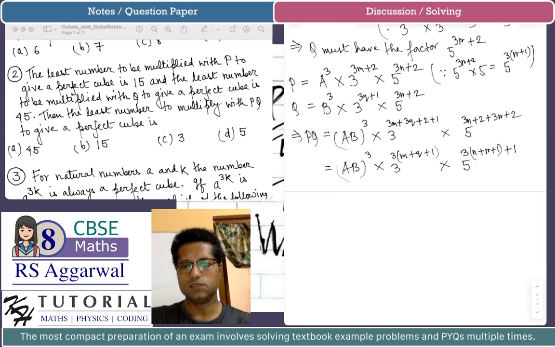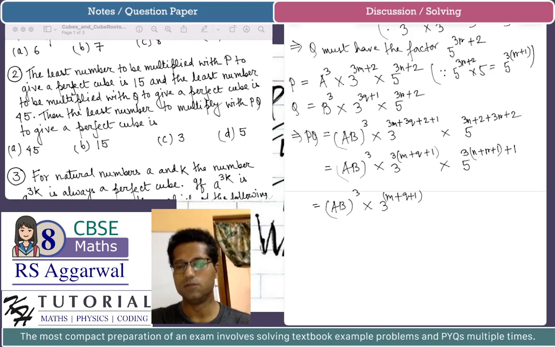So this is equal to 3 to the power 3 into m plus q plus 1, which can also be written as 3 to the power m plus q plus 1 and this whole raised to the power 3, and we have 5 to the power 3 into n plus r plus 1, and plus 1, that is multiplied by 5.